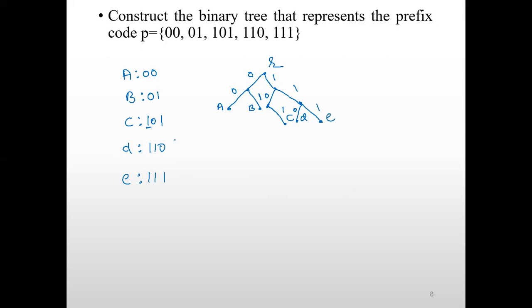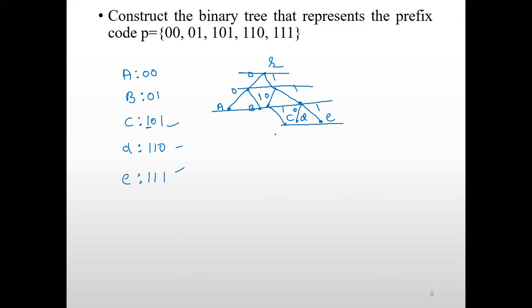Here the highest length of the given sequences is 3. Hence the levels will be the root, that is level 0, level 1, level 2, and finally level 3. At level 3 we have C, D, E because their length is 3.